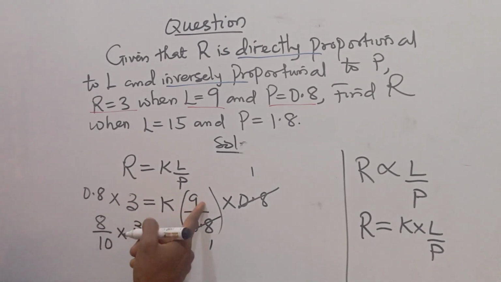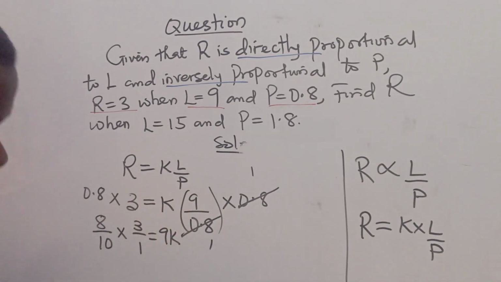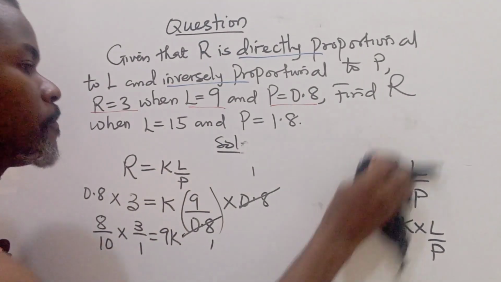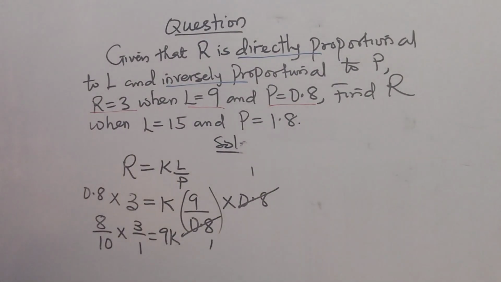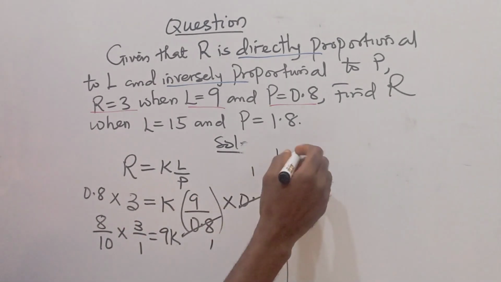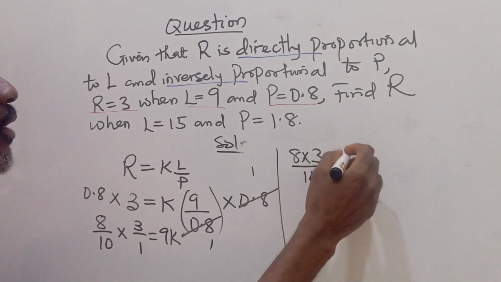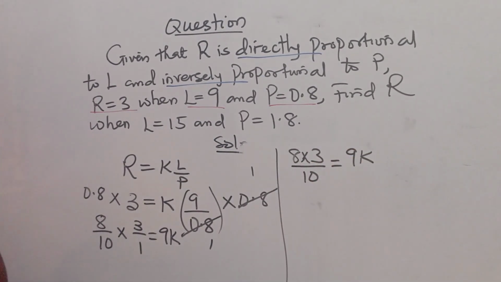So we have K times 9, which will give us 9K. To further solve this part, we have 8 times 3 divided by 10 is equal to 9K.